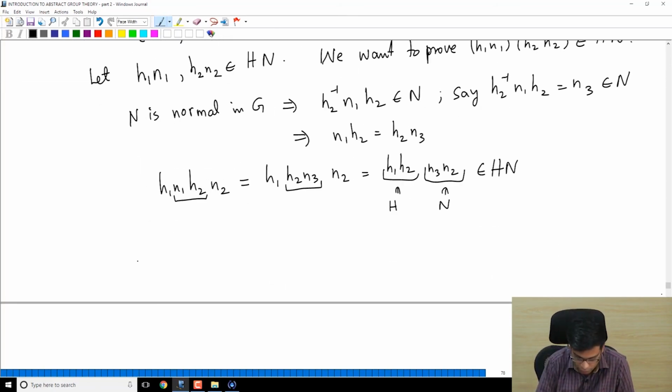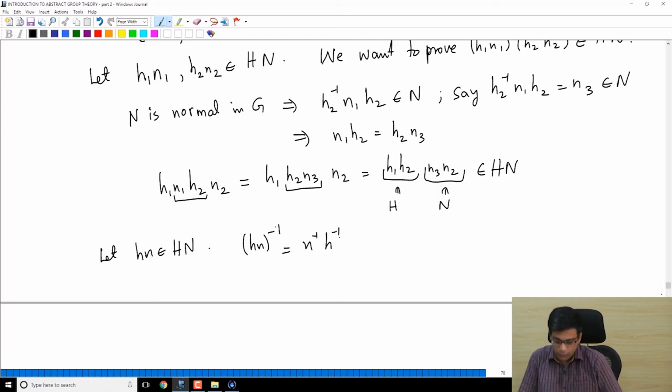Finally, how do you show inverses? It's the same idea. If you have hn in capital HN, what is hn inverse? This is n inverse h inverse. By what we have shown here, N1 H2 is H2 N3.